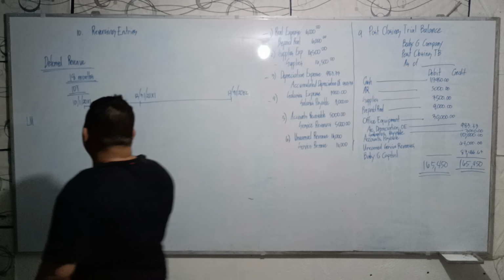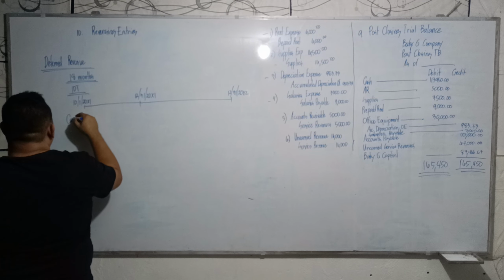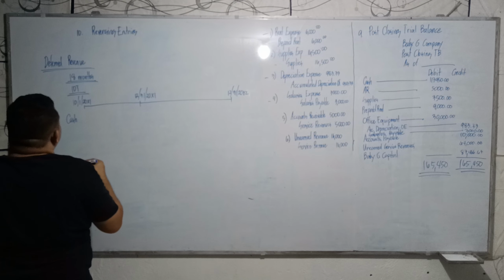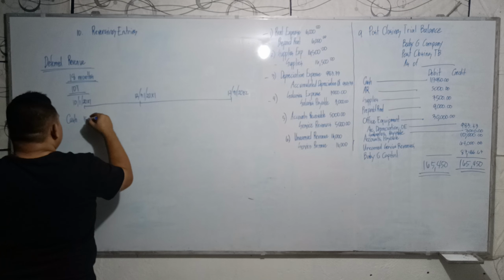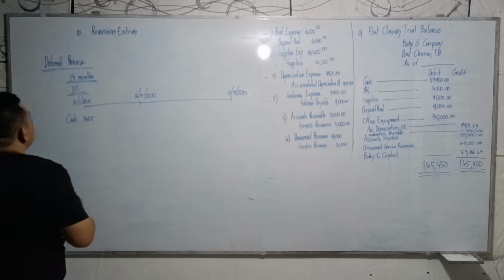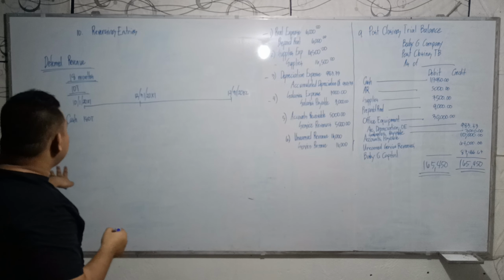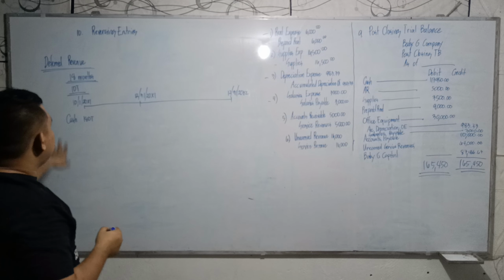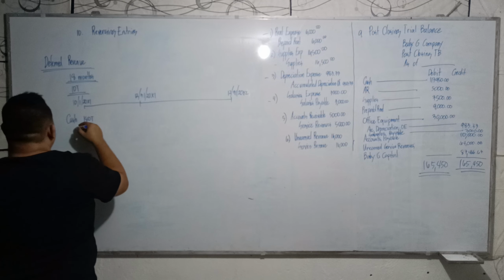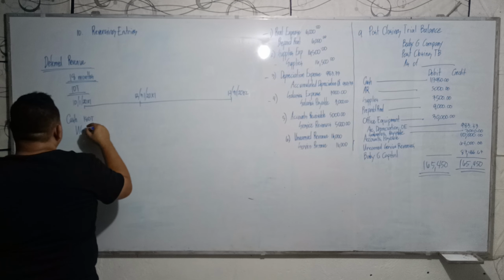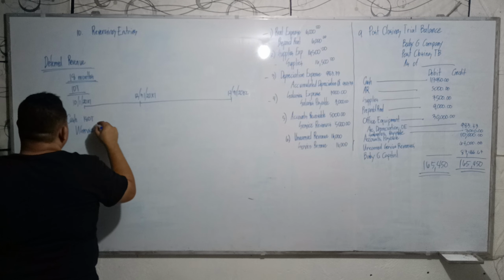First, you debit cash because you have received something from the customers, and that is 180,000, and you recognize it as unearned service revenue.